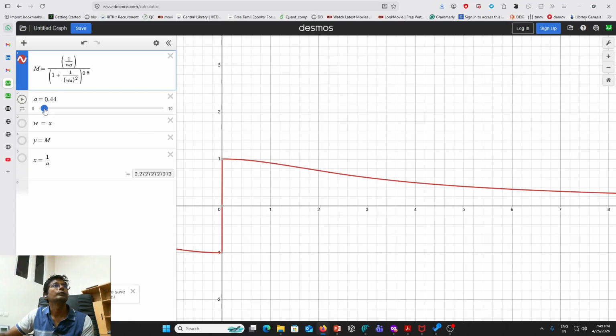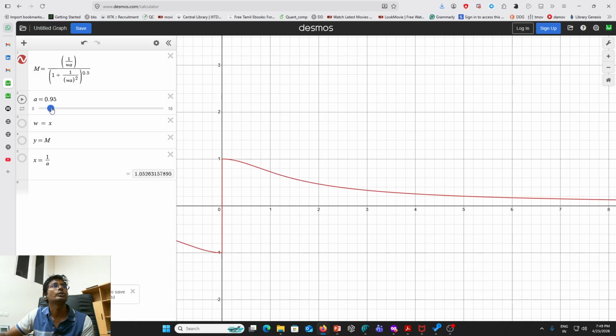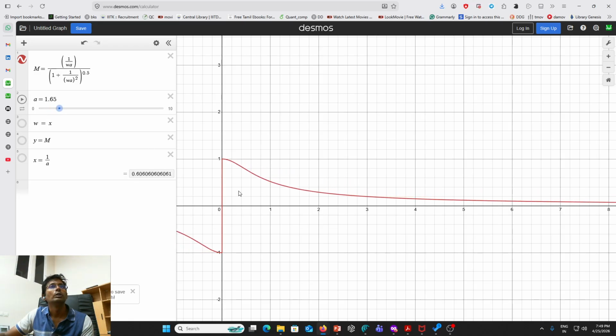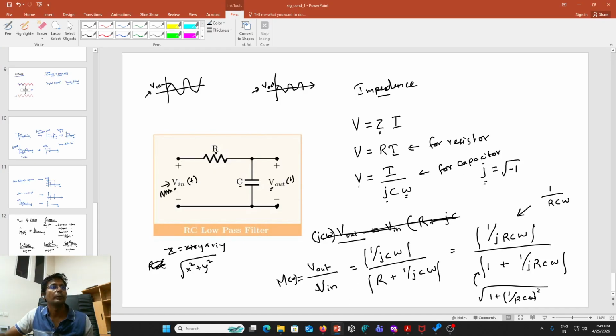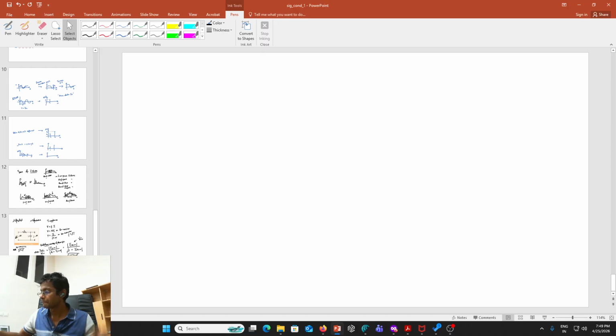And if I choose this RC as a higher value, then I could even remove smaller frequencies. Now there is one more thing: the cutoff frequency.